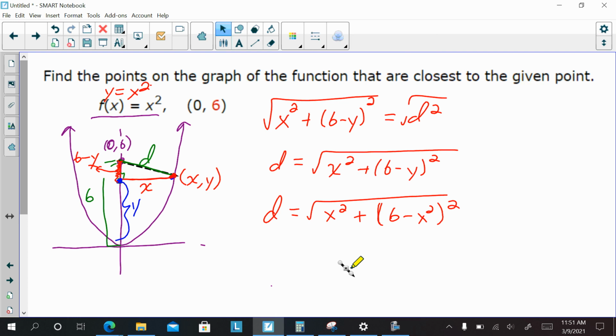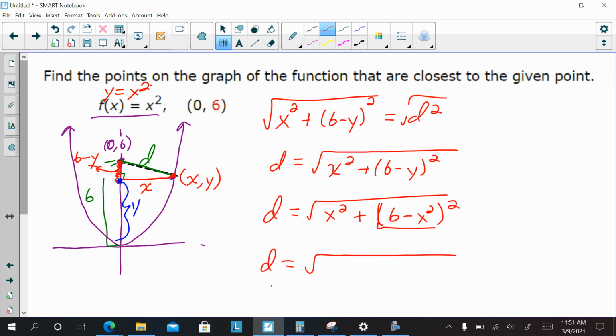Now we could leave it like that, or we can simplify what's under the radical. Let's square that parenthesis. So we have an x squared out front. If we square that parenthesis, we get 6 squared. We get this product twice, so minus x squared twice, so that'll be minus 12x squared.